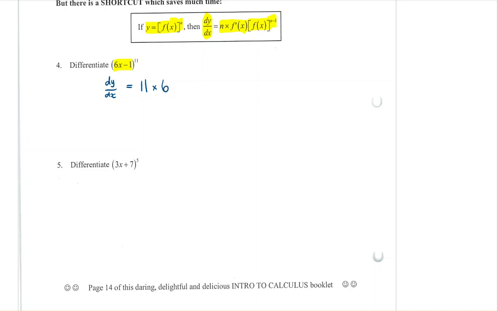So I've got 11 times 6. Then you multiply by the original function, 6x take away 1, and subtract 1 from the power, which is 10. So I can tidy that a little bit. 11 times 6 is 66, 6x take away 1 to the power of 10. And that's the short method.